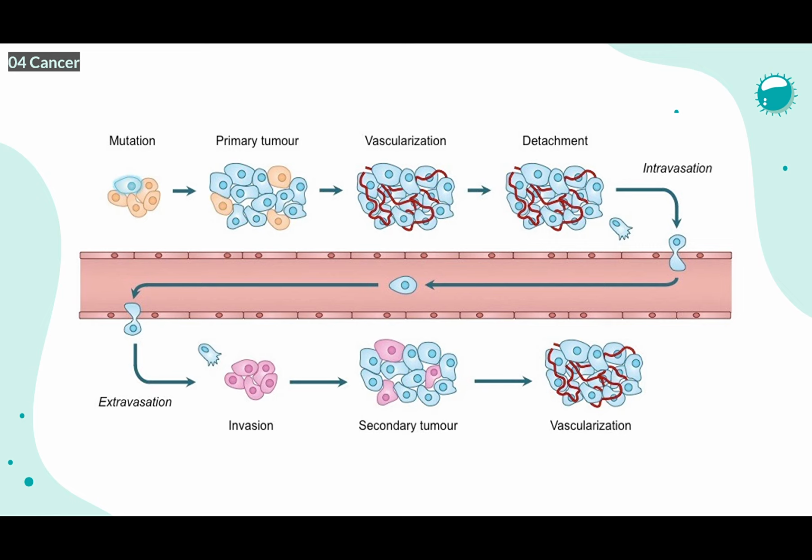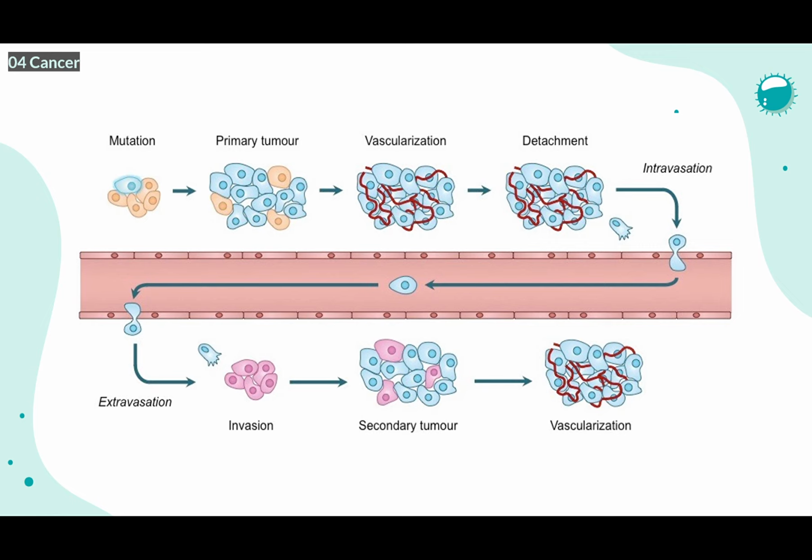And in the process of metastasis, these new capillaries provide a route for malignant cells to break away and transfer to other parts of the body and start new cancers.